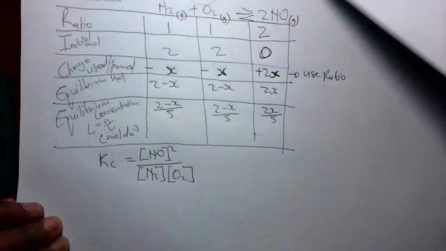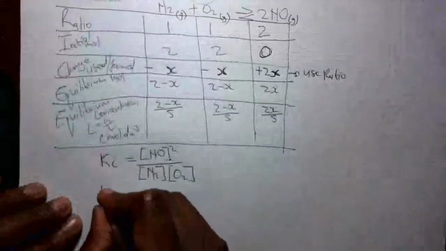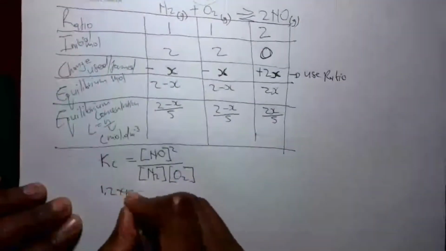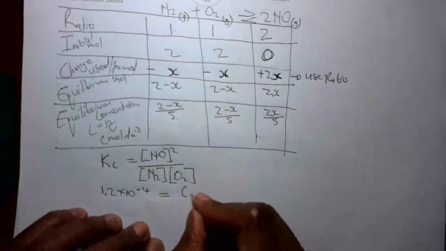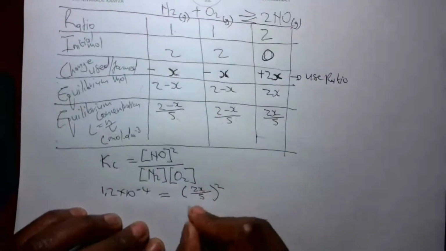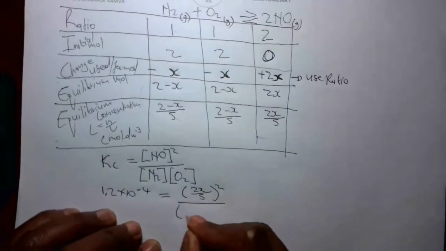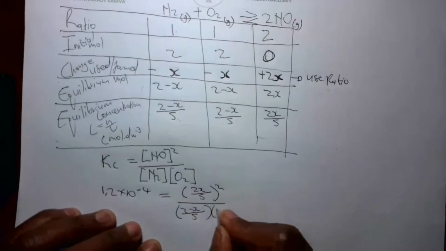We are told that the equilibrium constant for the reaction at this temperature is 1,2 times 10 to the power negative 4. So we say 1,2 times 10 to the power negative 4 is equal to 2X over 5 squared over 2 minus X over 5 and 2 minus X over 5.